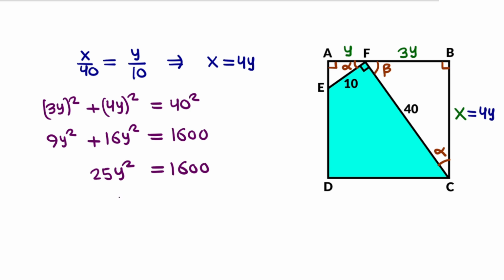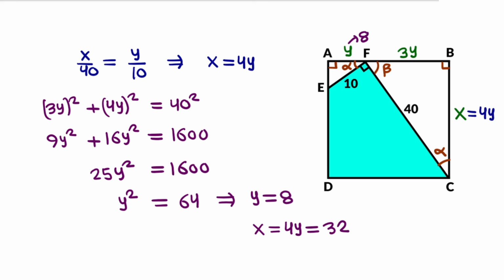Divide by 25, and we get y² equals 64. So y equals 8. And if y is 8, then x, which equals 4y, must equal 32. So the side length of the square is exactly 32 units.